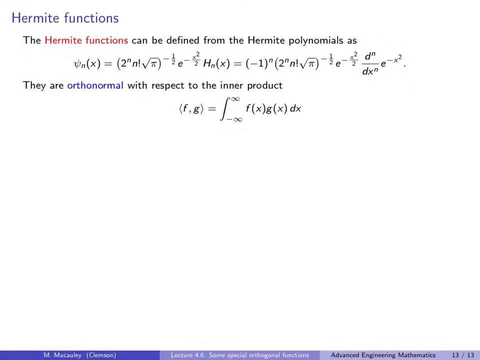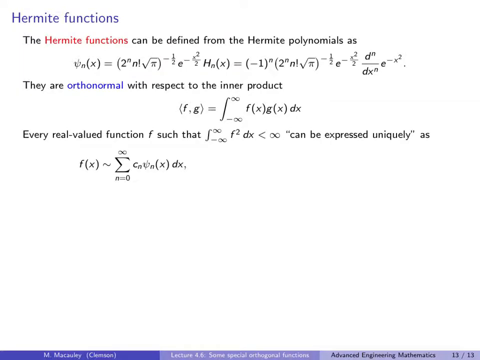These things, they contain this exponential function in them, are orthonormal with respect to a much more standard inner product. f dot g is just the integral from negative infinity to infinity of f of x g of x dx. So you can sort of think of these things as absorbing that weird weight in there.